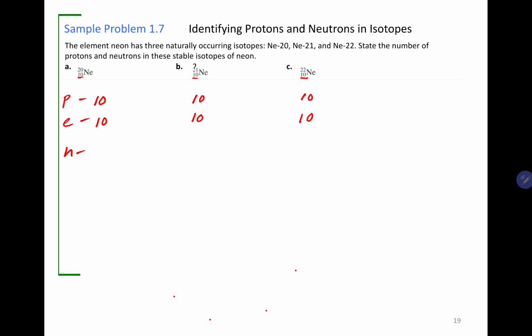Neutrons, okay, how do you figure out the neutron number? You take the mass number, which is 20. Mass number is the number of protons and neutrons, and you subtract the number of protons, which is the atomic number, 10. 20 minus 10 is 10. For neon 21, you subtract 10 from 21, and the number of neutrons is 11.